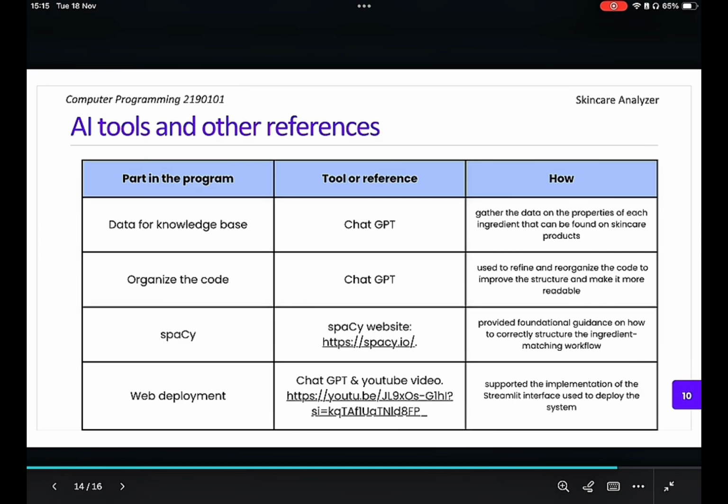We also looked at the spaCy website for foundational guidance on how to correctly structure the ingredient matching workflow, which was also useful. For the deployment part, we used both ChatGPT and YouTube tutorials to learn how to deploy and install everything and support the implementation of the Streamlit interface.